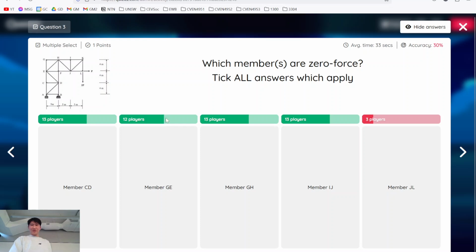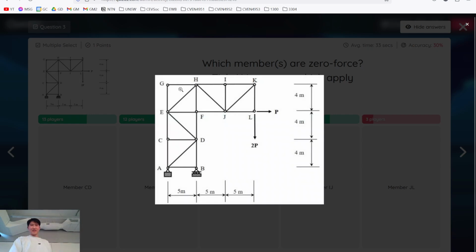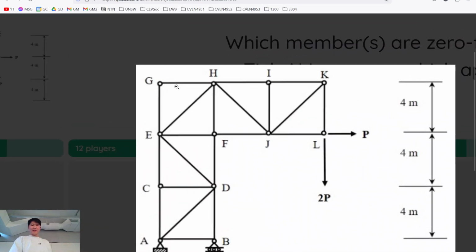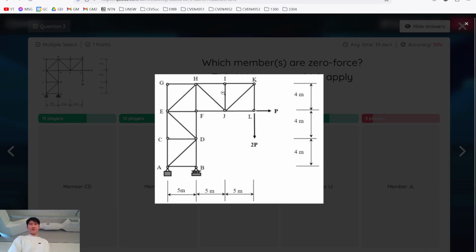And this was probably quite a difficult question because there's a lot to consider here. Firstly, if we look at node G, we have that case of 2 members being connected to it, and no external point load. And so in that case, both GE and GH are going to be zero force.